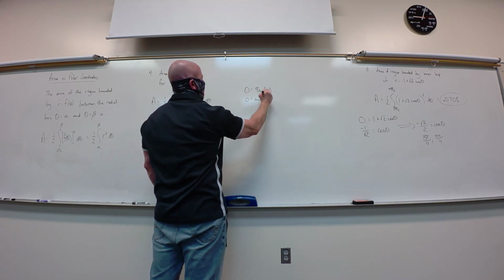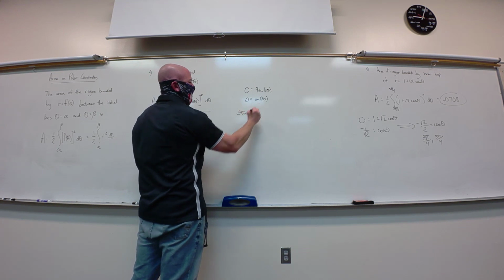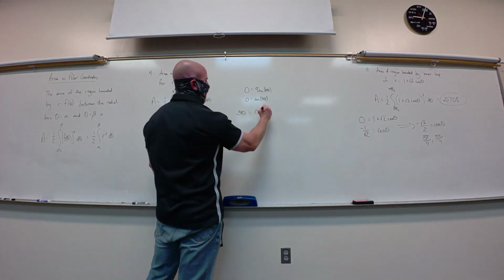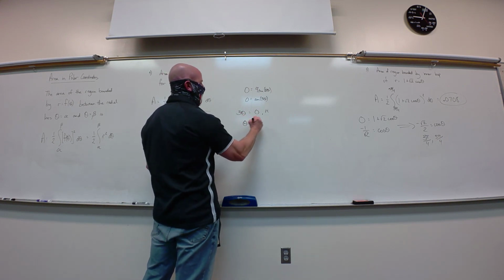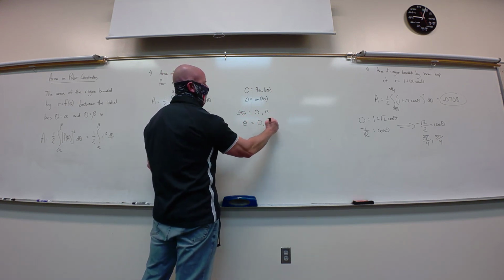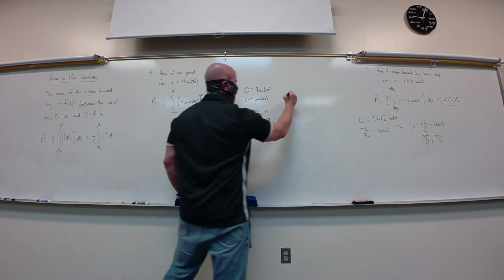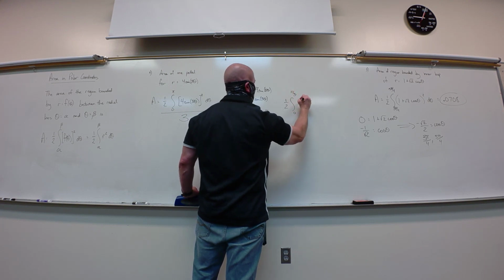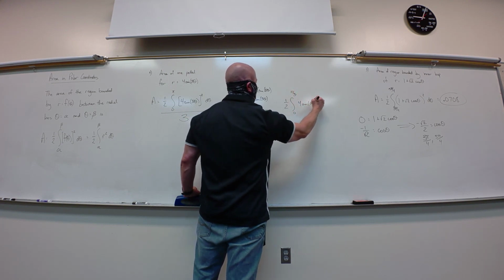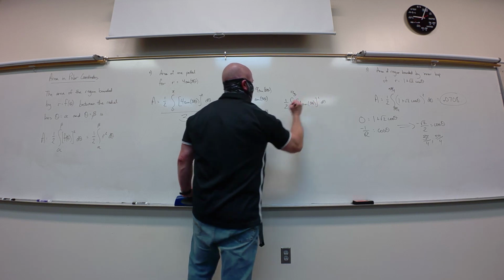So this would be when 3 theta equals 0 or pi, which would be when theta equals 0 or pi thirds when you divide everything by 3. So you could rewrite it as 1/2 integral 0 to pi thirds of 4 sine 3 theta squared d theta, and you'll get the same answer.